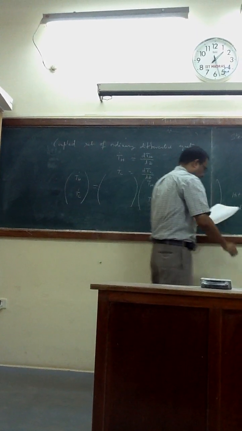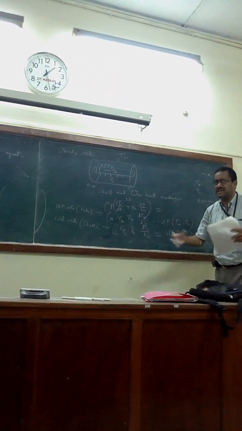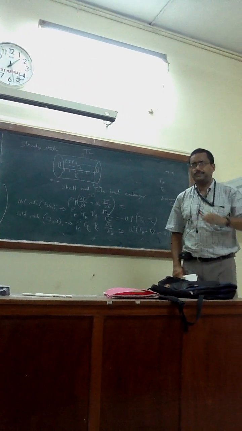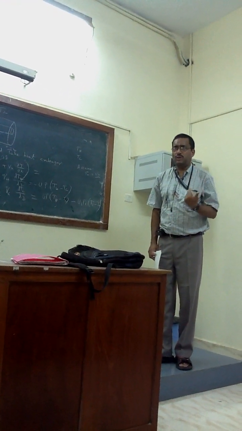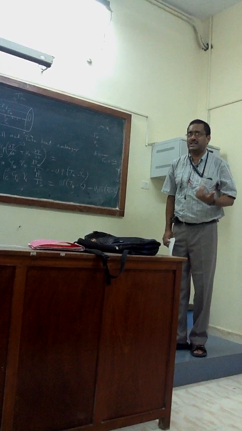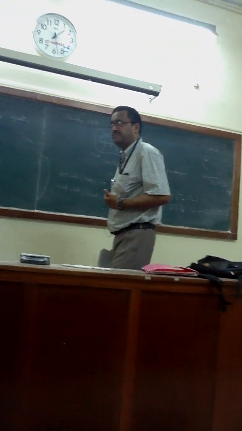Can you fill in the blanks? Do you get my point? I want to write these two equations like a matrix system. From now onwards, if a system has more equations, always try to write in a matrix format. We can easily visualize. Something new we are learning today.